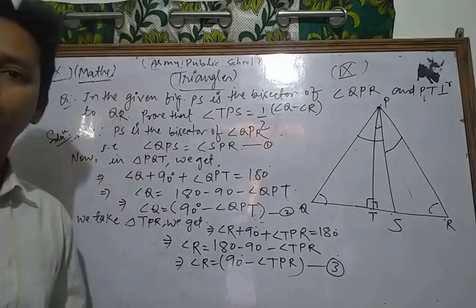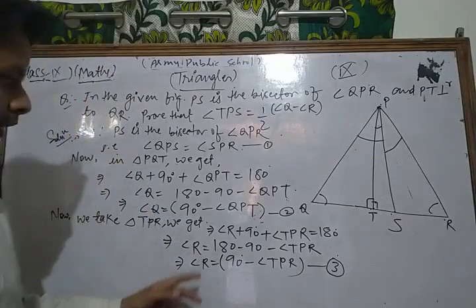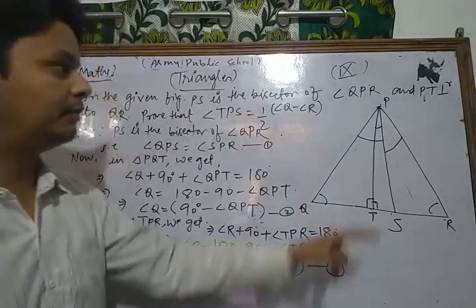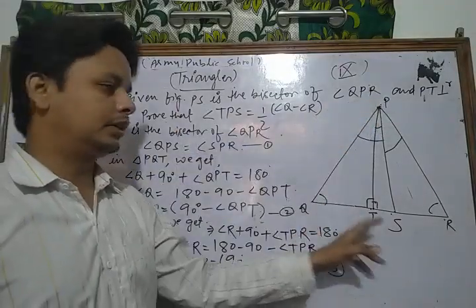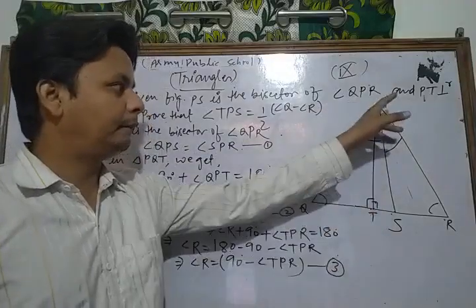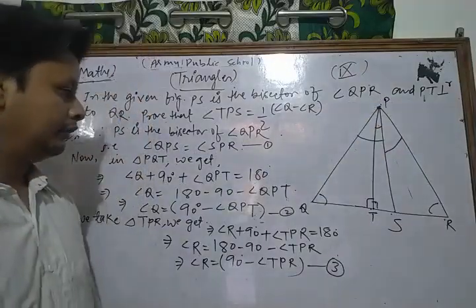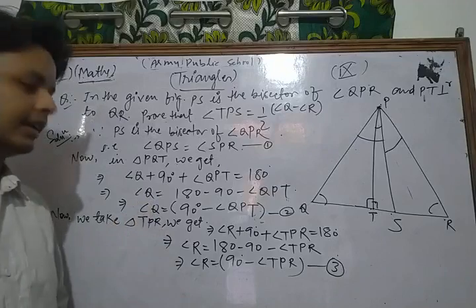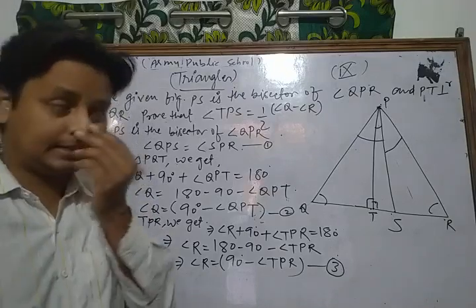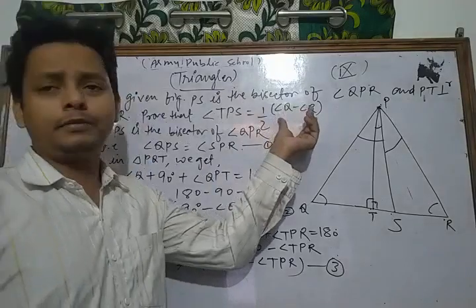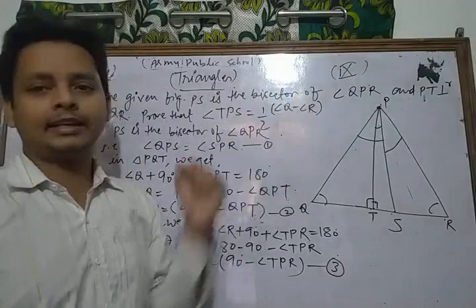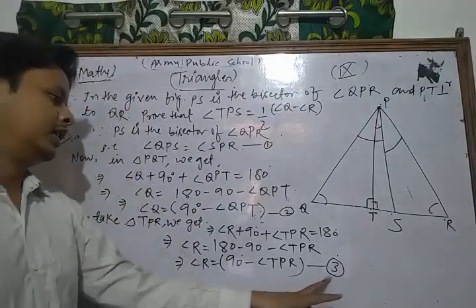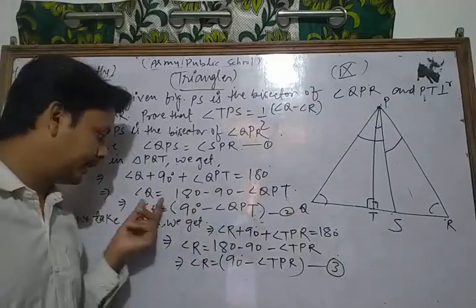So dear students, with the help of triangles PQT and TPR, we get the values of angle Q and angle R. Now in our proof we need angle Q minus angle R, so we subtract equation 3 from equation 2.